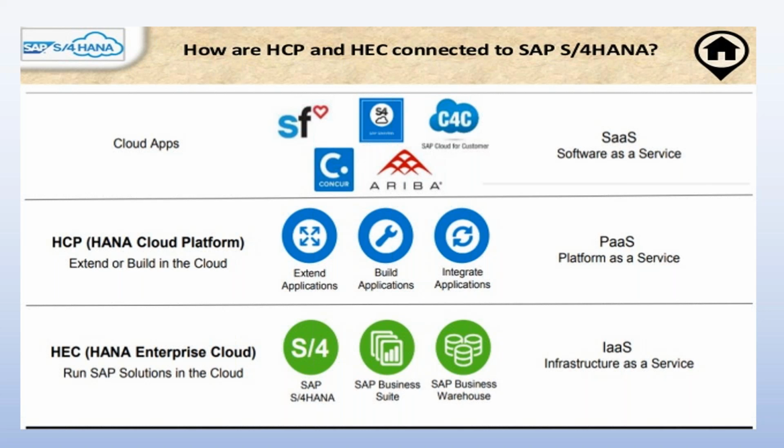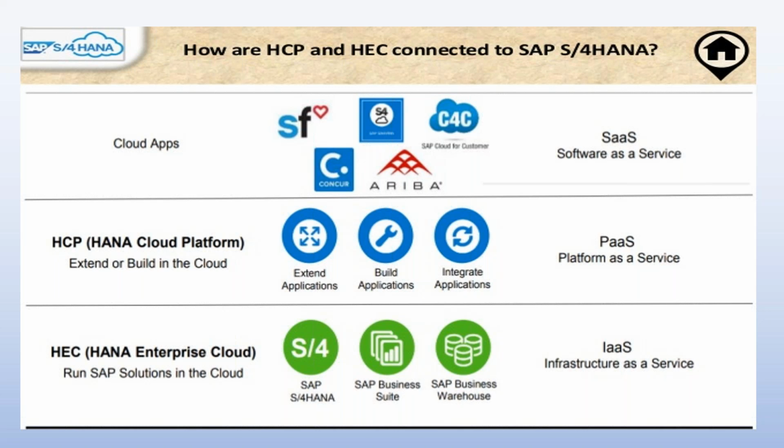So this is one platform basically which they are providing to build your own services as per your requirement. And HANA Enterprise Cloud, this is where you have S4HANA or you have a business suite or business warehouse, any kind of applications, your infrastructure as a service. So these are all the connections they have in single when we say S4HANA.